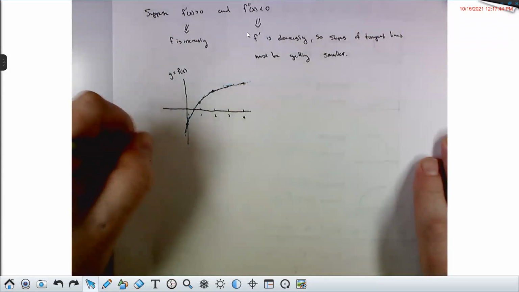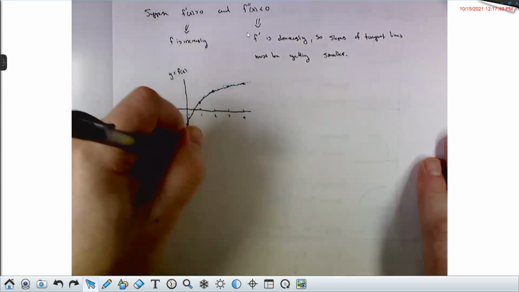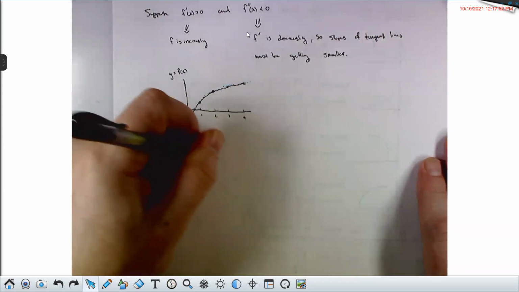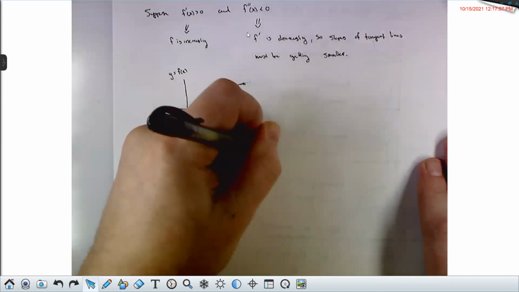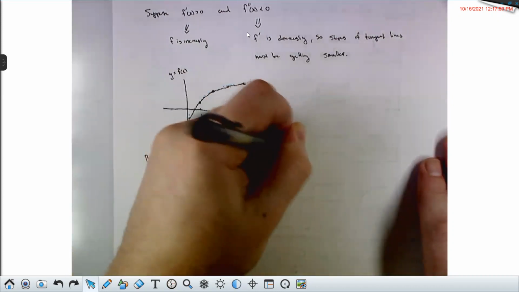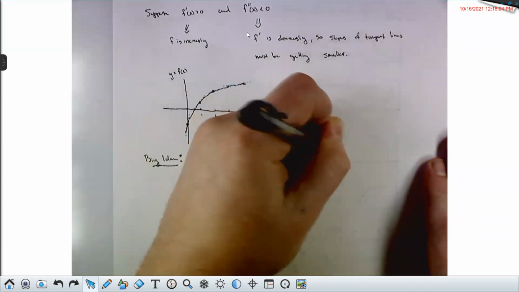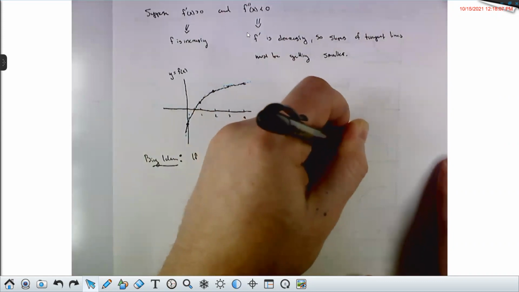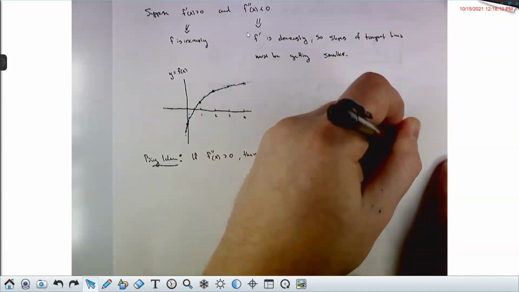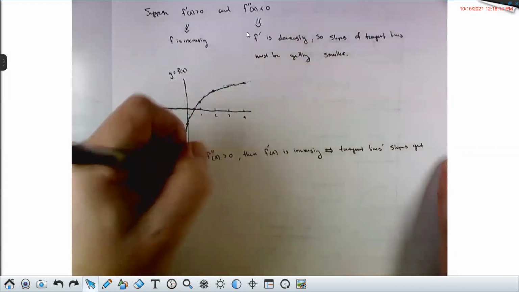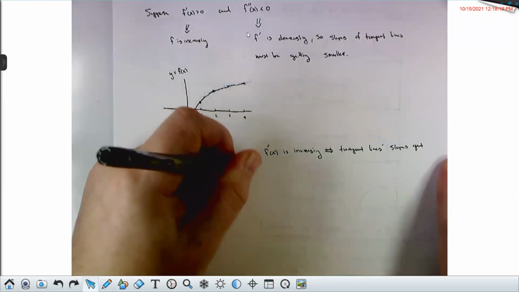So again, the big idea is that if f double prime is positive, then f prime is increasing, which means the tangent line slopes get larger from left to right.